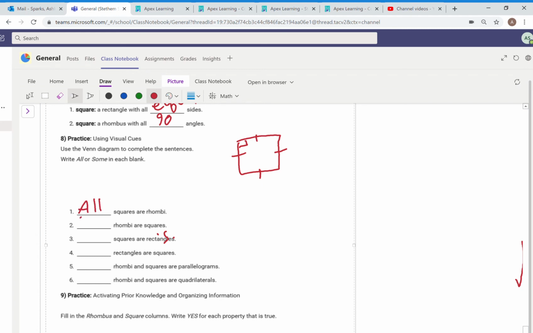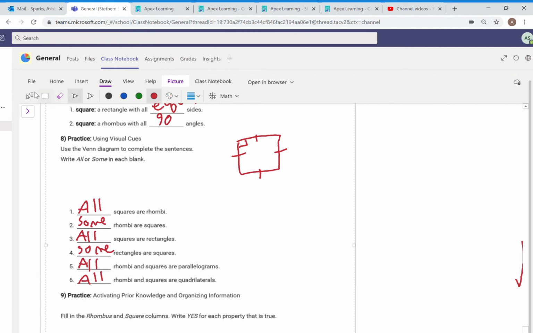Some rhombuses will be squares. All squares are rectangles. And some rectangles will be squares. Rhombi and squares are parallelograms. All of them. Everything's a parallelogram. And everything is a quadrilateral. Okay?